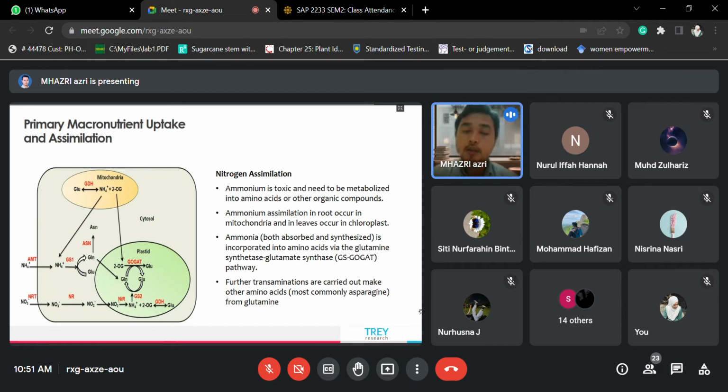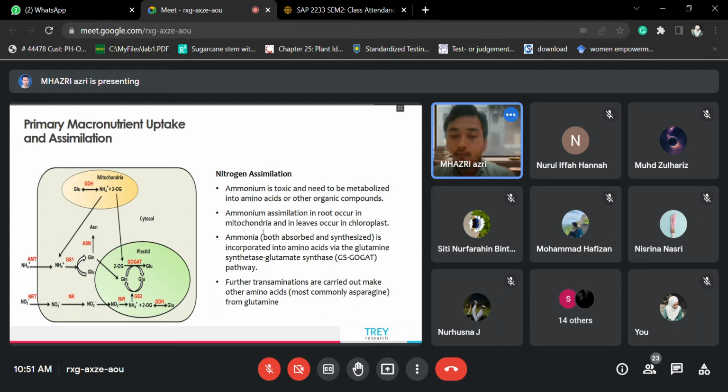So usually when ammonium assimilation occurs in roots, it is ammonium that originated from salt solutions. Okay, if the plant absorbs nitrogen in the form of ammonium, it will be assimilated into organic compounds in mitochondria. Okay, if the plant absorbs nitrate, the nitrogen will be assimilated in the upper part, in the leaf or in other organs.